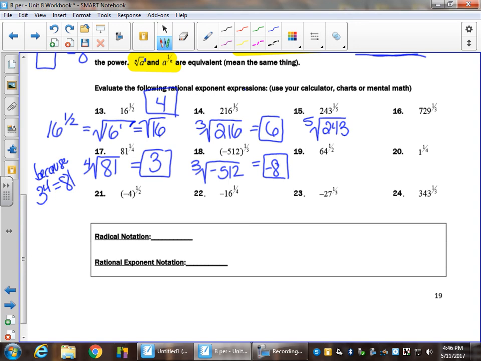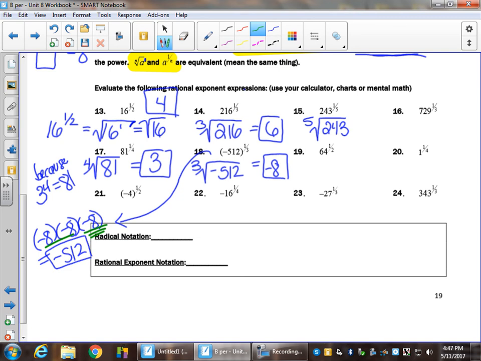I can take the odd root of a negative number. I'm going to put a note down here. Negative 8 times negative 8 times negative 8 does equal negative 512. If I'm dealing with an odd number, this is going to be even, but you're always multiplying by one more negative.